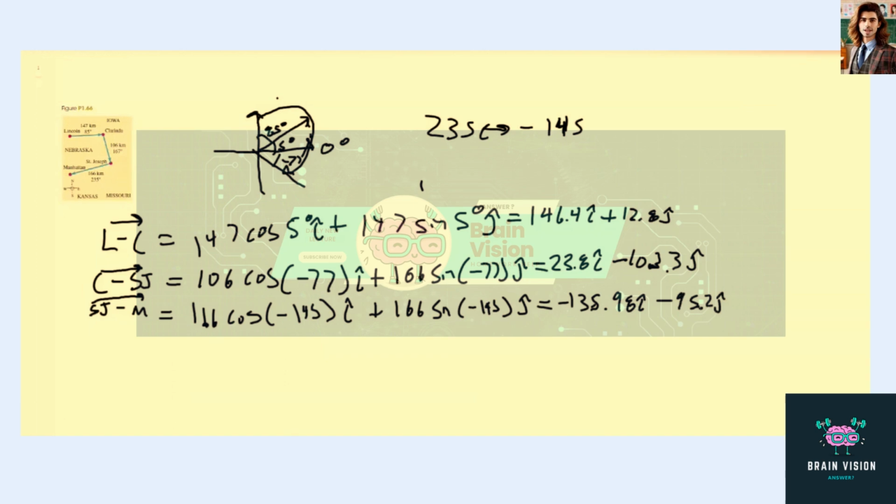Okay, so if we sum all of these vectors together, that will give us this vector here. So the vector addition will give us this. This is the sum. Okay, so the sum is 34.22 i hat minus 185.7 j hat.